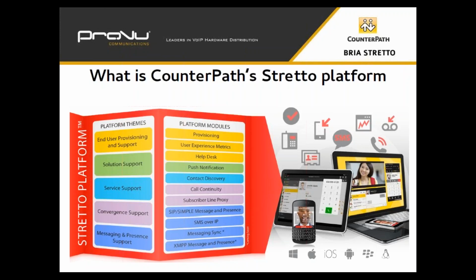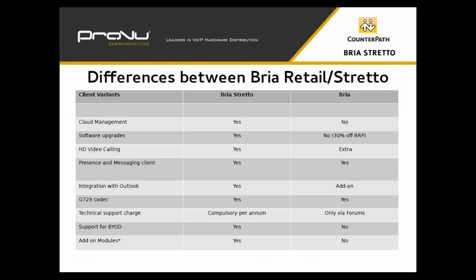So you can do bits and bobs, extra add-ons with Bria Stretto anyways. And again, if you require any further information about the add-ons, please get in touch with us. I will go through the add-ons a bit more later on in the presentation. So I'll pass you back to Matthew, who will talk about the difference between Bria Retail and Stretto clients.